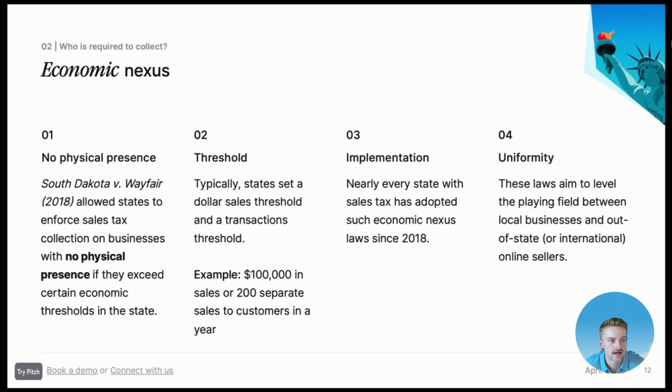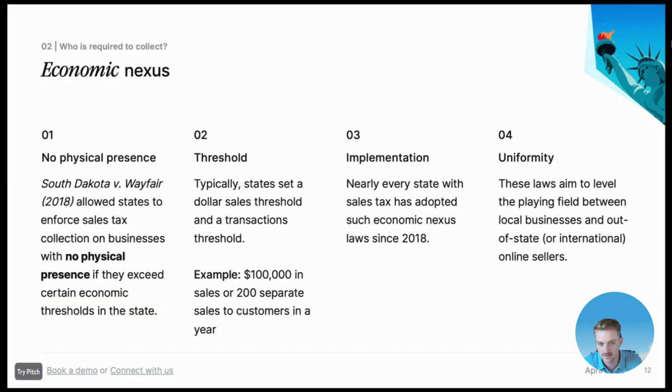The next and more recent type is economic nexus. I was off by a year. This is a relatively recent concept resulting from a court case in 2018 called South Dakota v. Wayfair. It allowed states to enforce sales tax collection on businesses even with no physical presence if they exceed a certain economic threshold of activity in a state.